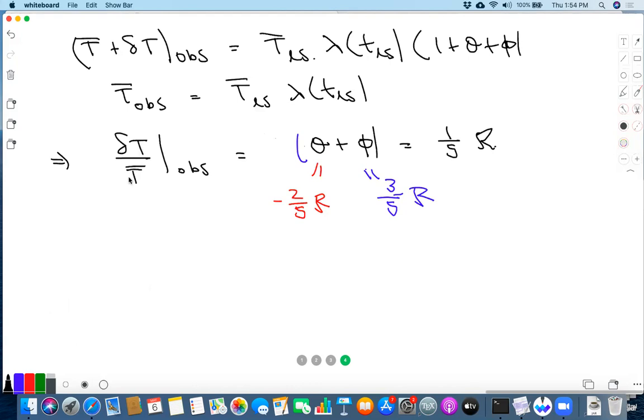So what we observe today, we still have more corrections to analyze, but up to this point, what we observe today is equal to 1/5 of r. So if you know the r correlation function at the time of inflation, 1/5 of that will show up as the fluctuations in the microwave background temperature.